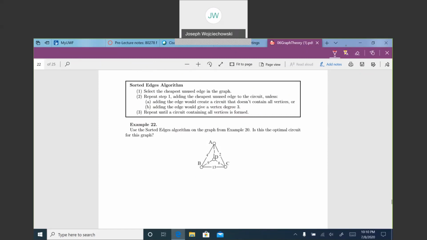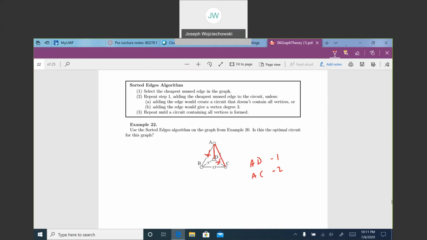So we're going to find the cheapest edge. So that's this one here, 1. We got A to D. Next cheapest edge is A to C, and that's 2. Now, our next cheapest edge is A to B, but that would give A a degree of 3, so we can't use that. Next cheapest edge would be C to D, but that would give me a circuit, so we can't use that.